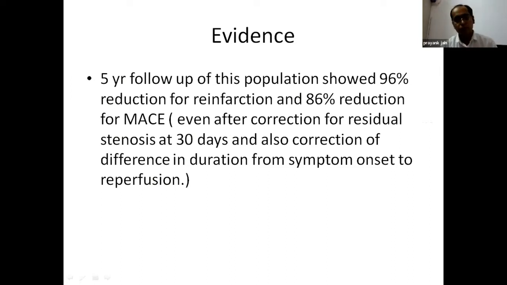So this 5-year follow-up, when it showed such dramatic improvement, dramatic reduction in reinfarction and major adverse cardiovascular events, there was a debate about how it is going to benefit by such a huge amount. So the physiology behind this, which has been explained, is the stimulation of innate developmental pathways.